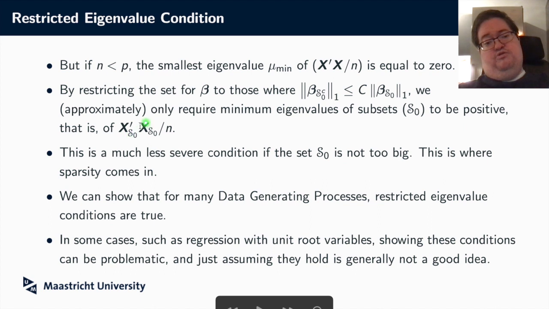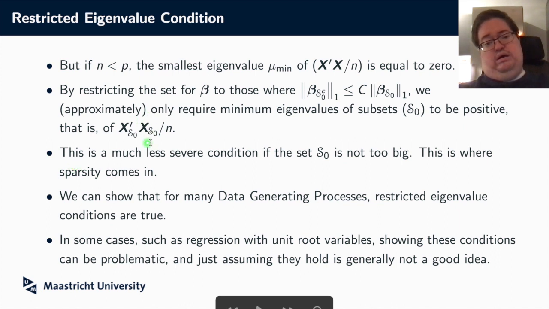This will of course become a much smaller matrix, because the number of variables in there is the number of variables in S0. And those will be smaller than n, because that is exactly what sparsity tells us. Sparsity says the relevant variables should just be few.